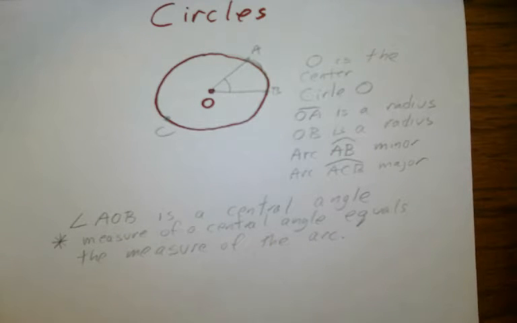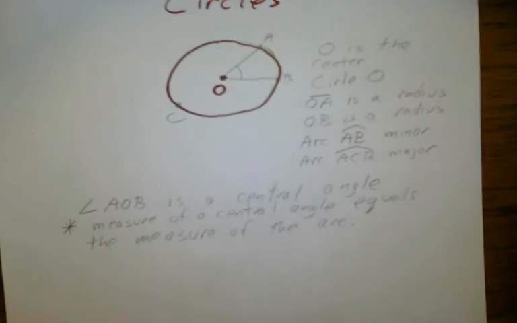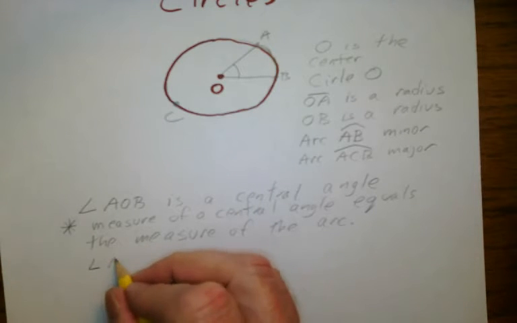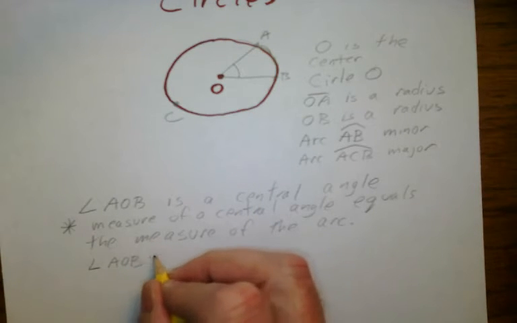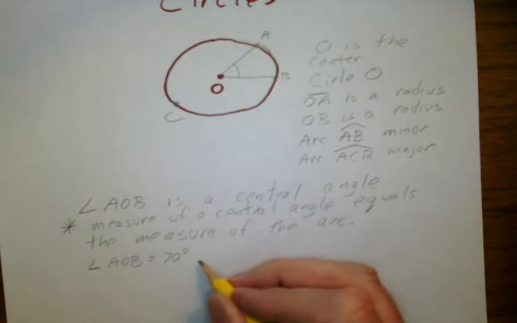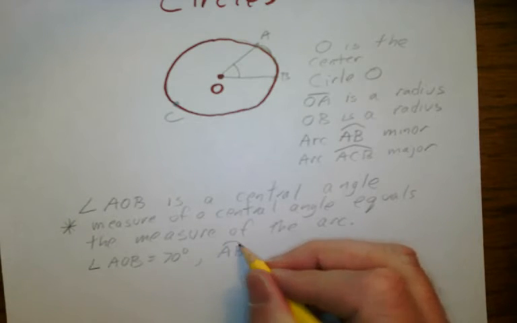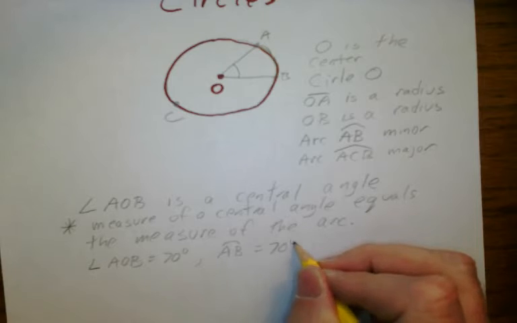They're both measured in degrees. So from this diagram right here, if angle AOB is equal to 70 degrees, then arc AB is also 70 degrees.